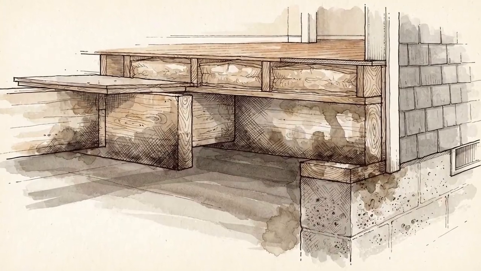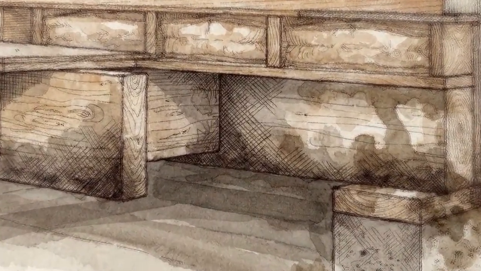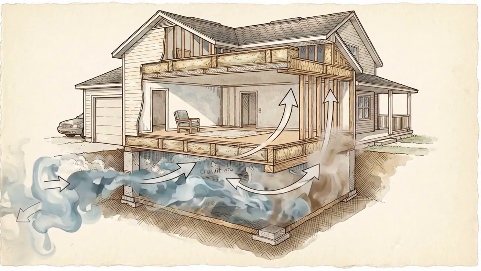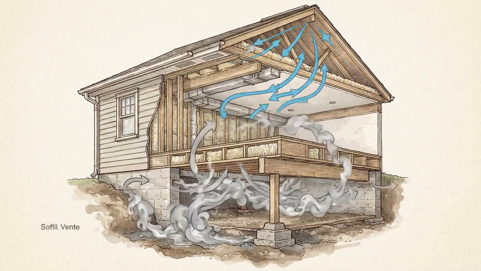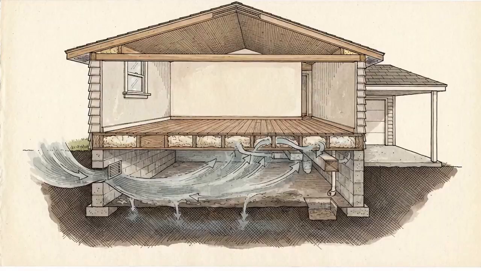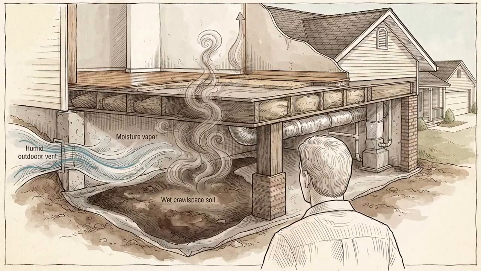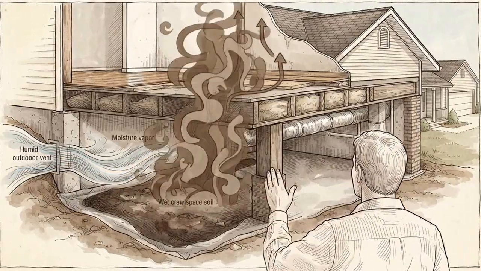Those are not hypothetical outcomes. They are the documented sequence that Building Science Corporation researchers and ASHRAE Standard 160, the criteria for moisture control design analysis in buildings, have mapped across thousands of field inspections. The sequence begins with a vent that is doing exactly what it was designed to do.